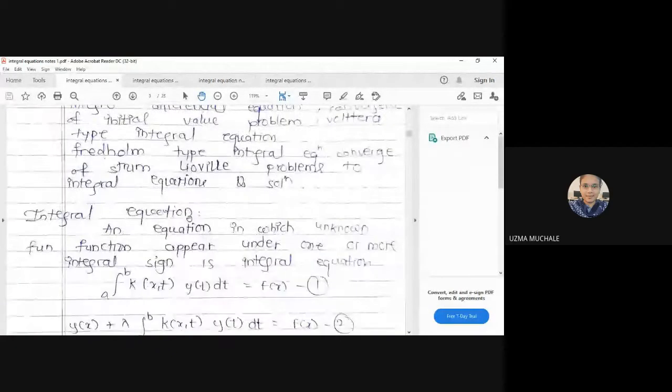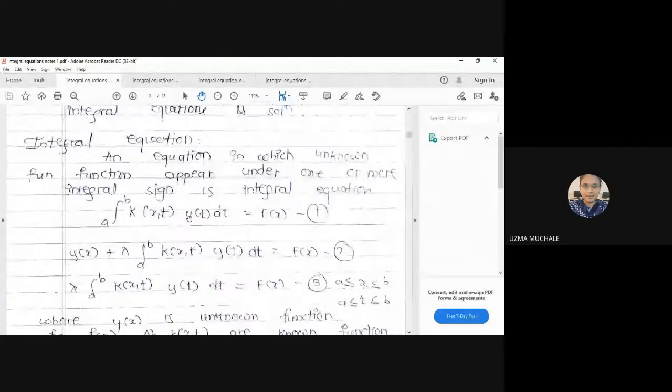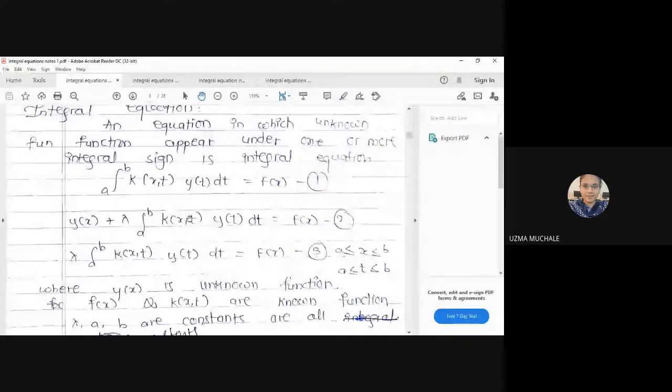the integral equation. Okay, what is an integral equation? The equation in which the unknown function appears under one or more integral signs, just like a differential equation. What is the definition of a differential equation?